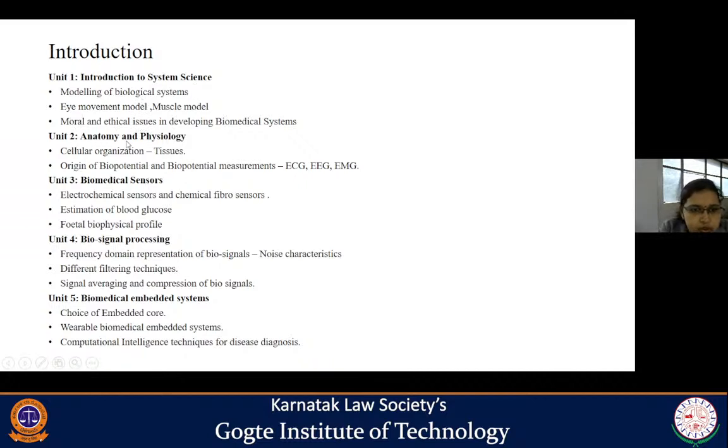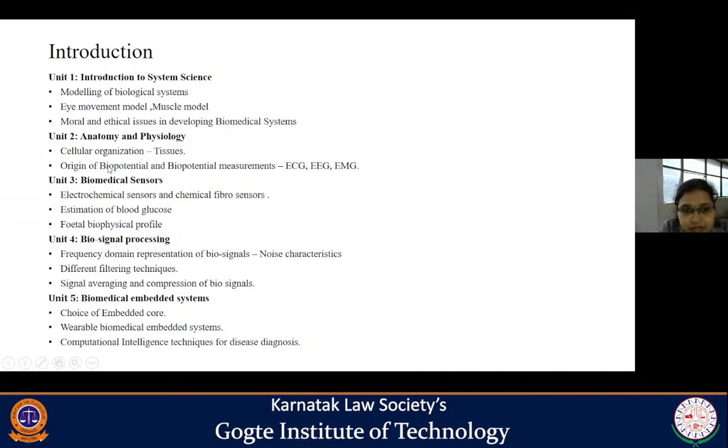Coming to unit 2, anatomy and physiology. Here students will learn briefly about cells, tissues, organs and organ systems, which they have already studied in PUC in the biology subject. After that, they will learn the origin of biopotential, or how electric potential is generated in a neuron cell.